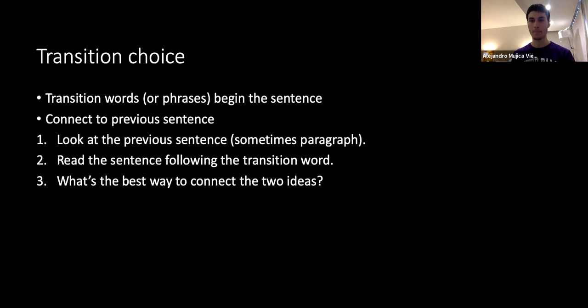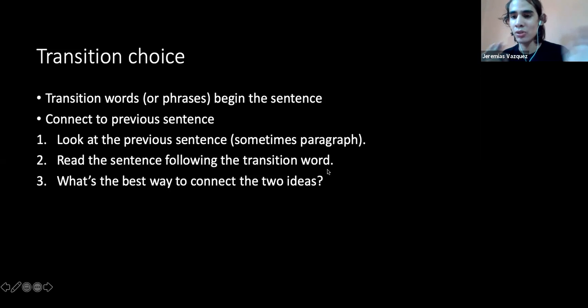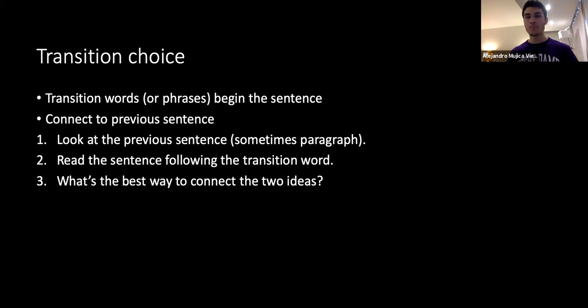Yeah? Okay. I wanted to ask, transition choice also applies usually when you have an underlined sentence in the beginning of a paragraph. Does that transition choice apply to this, or is it another part? Okay, so not really.